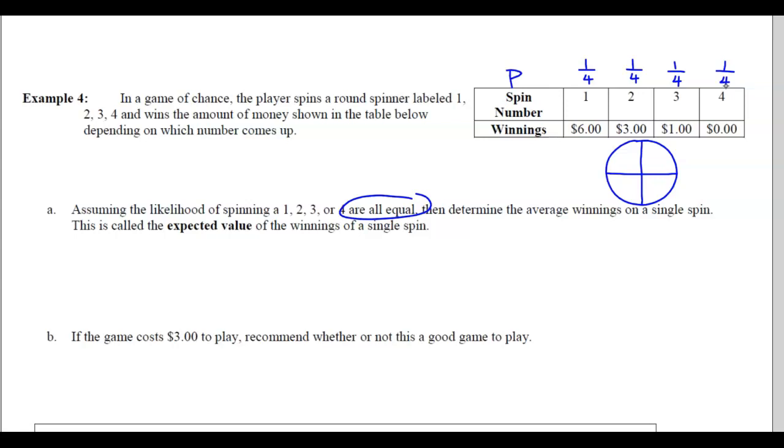Determine the average winnings on a single spin. This is called the expected value of the winnings. So you basically want to get the average that you would get. If you had a probability of 1/4 for spinning the number 1, you take 1/4 of $6.